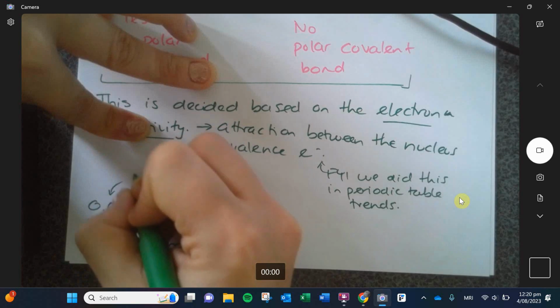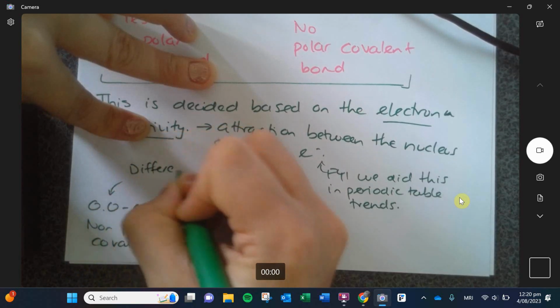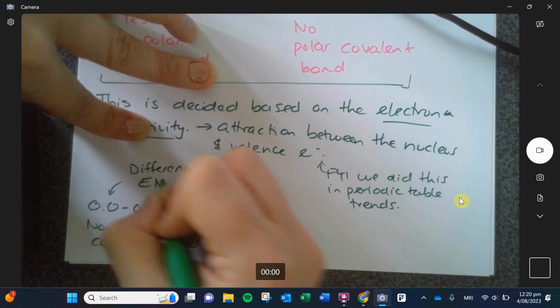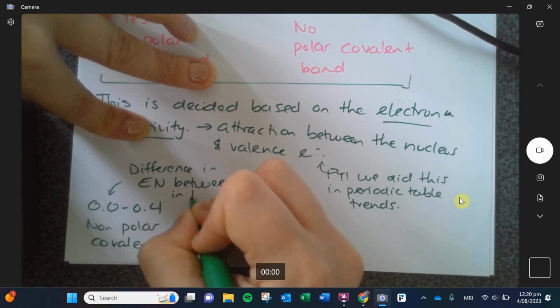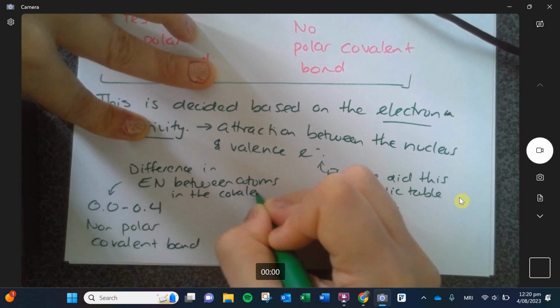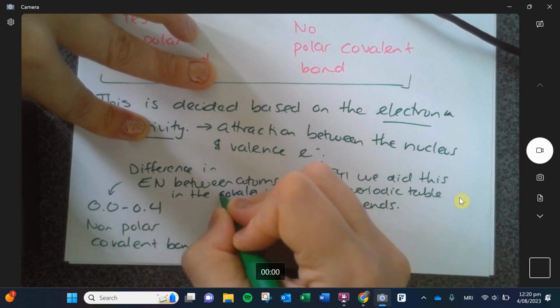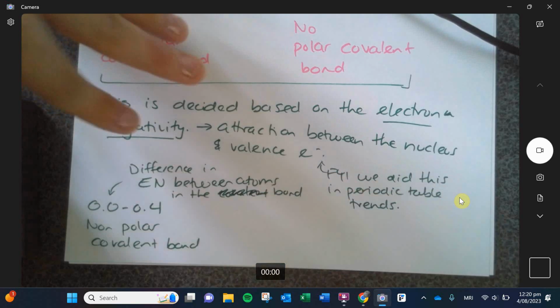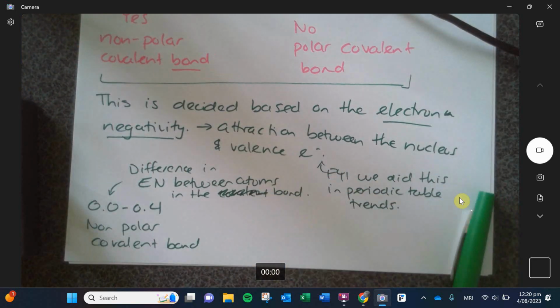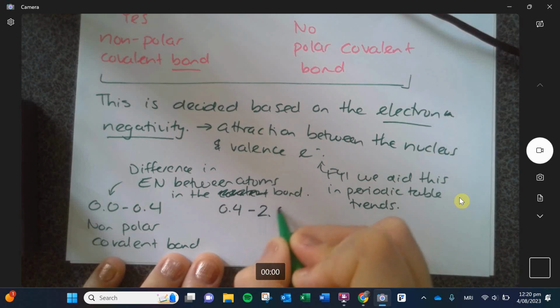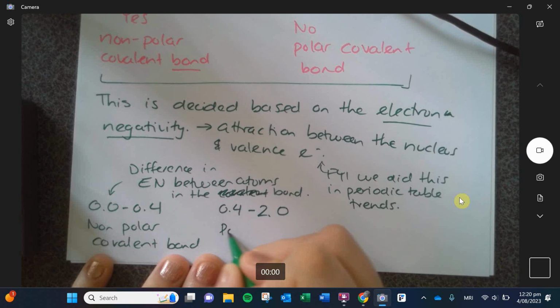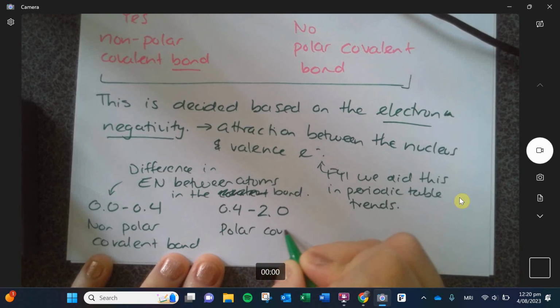And that's referring to the difference in electronegativity between the atoms in the bond. So if my difference between those two elements is somewhere between 0 and 0.4, that would be a nonpolar bond. If that difference is between 0.4 and 2, then I would have a polar covalent bond.